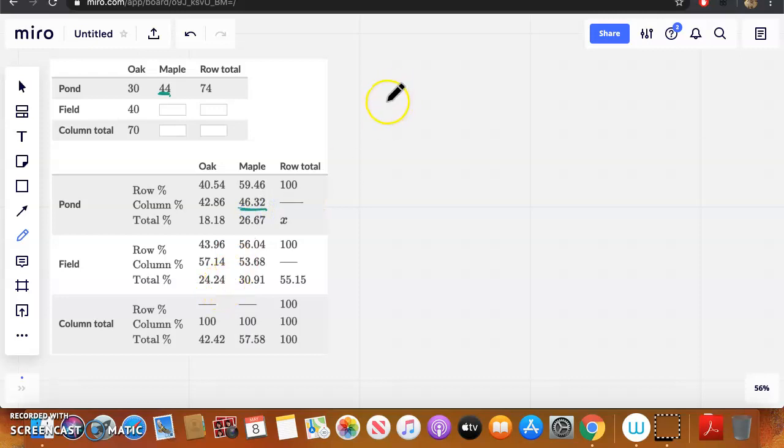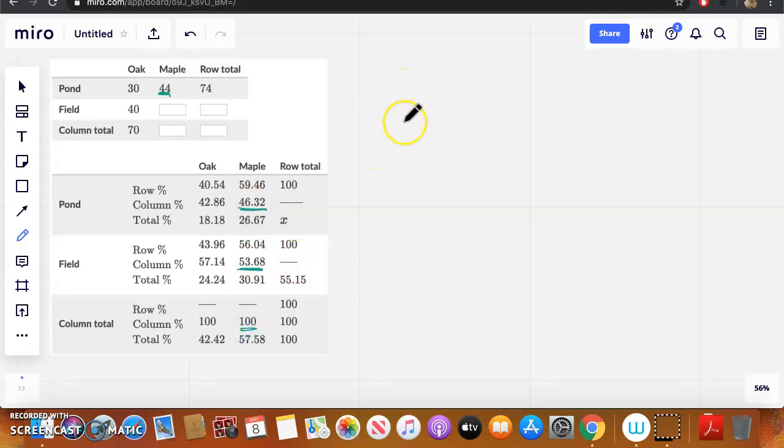So 44 maple trees in the pond represents 46.32% of all maples, which means the maples that are in the field represent 53.68%. And if you add these up, you get the 100% here for the column.